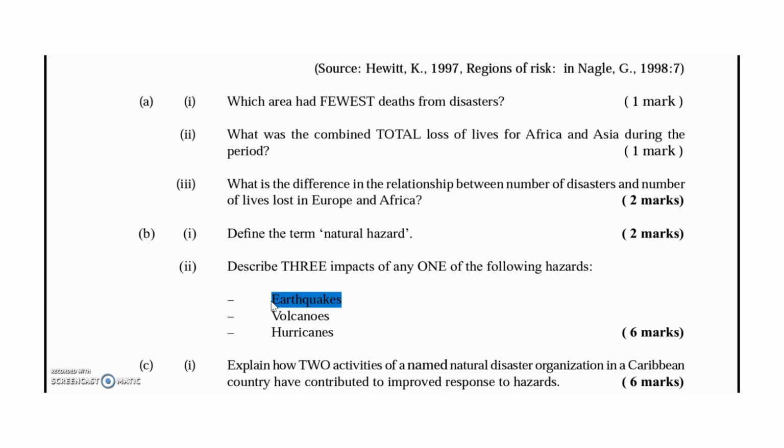So for volcanoes now, in terms of the three impacts, volcanoes can produce a significant amount of atmospheric contaminants or pollutants into the atmosphere, which can affect respiratory functions, the breathing, of people and even animals as well.